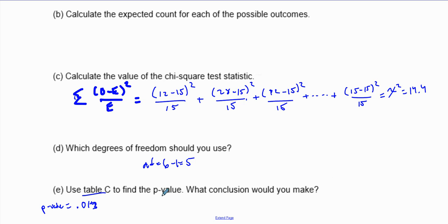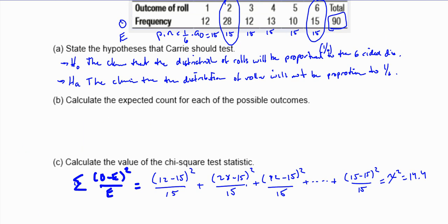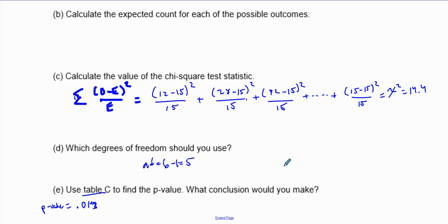And so what conclusion can we make? Well, depending on what our alpha level is, if we said 0.05, this is definitely going to be less than 0.05. So at least we could say that we would reject the null, because 0.013 is less than 0.05.